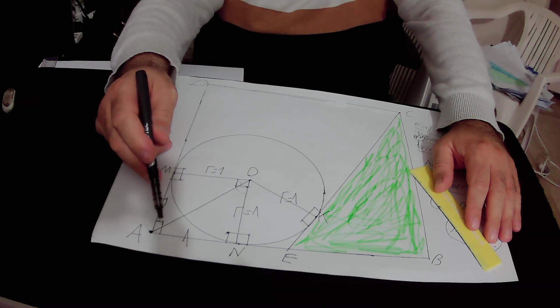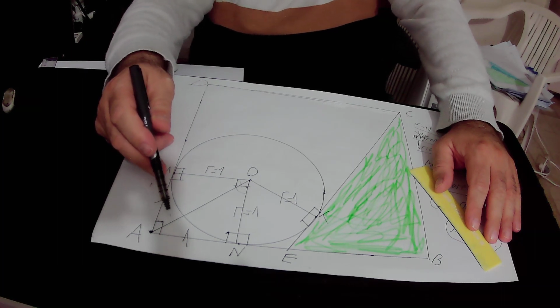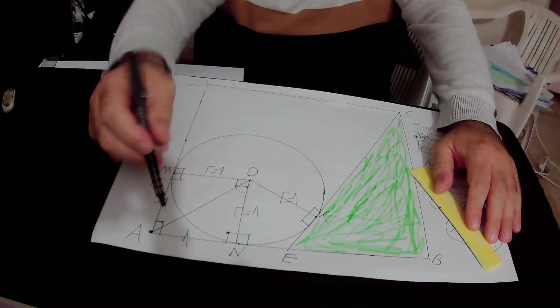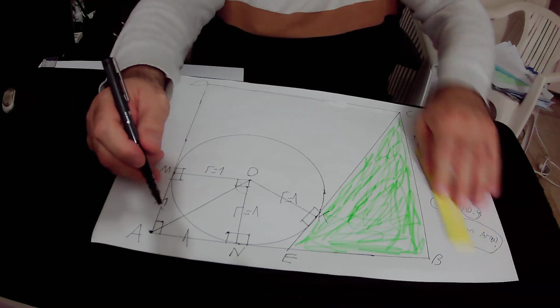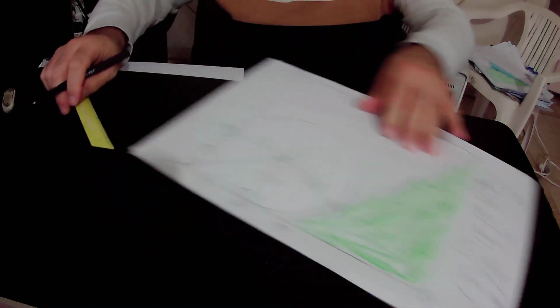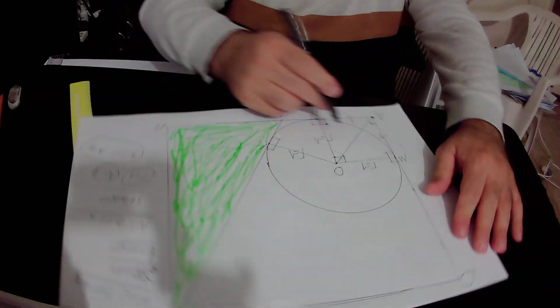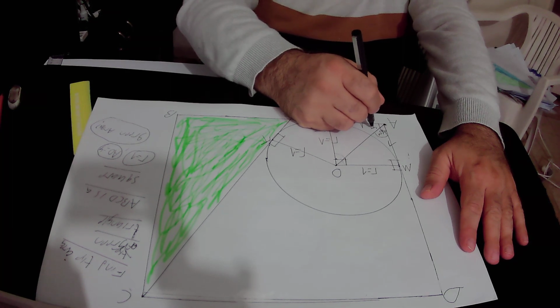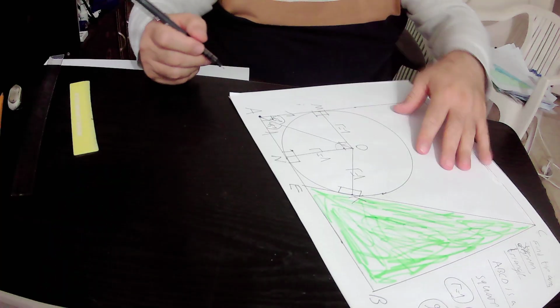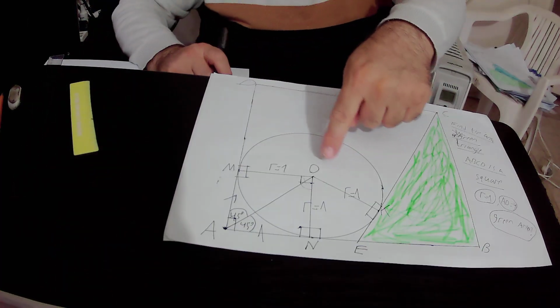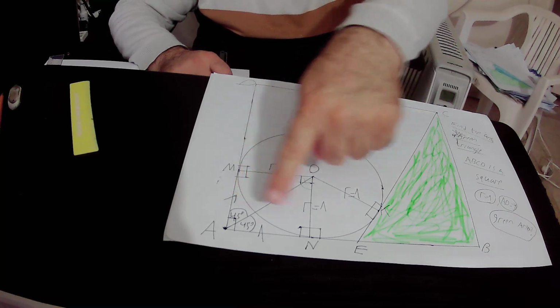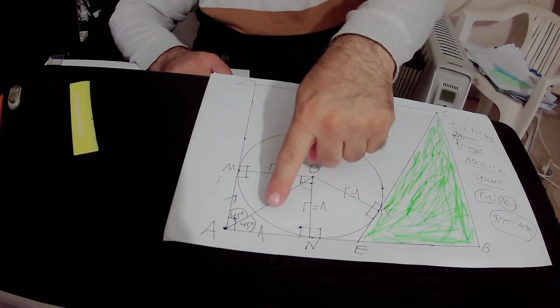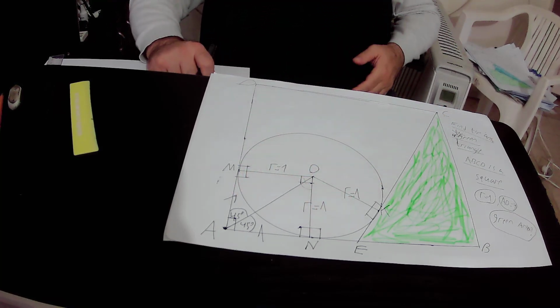This is a right angle and it bisects it into 2 angles of 45 degrees. That is to say, this angle will be equal to 45 degrees and this angle will also be equal to 45 degrees according to rule number 6. So that is to say, angle OAN equals 45 degrees according to rule number 6.